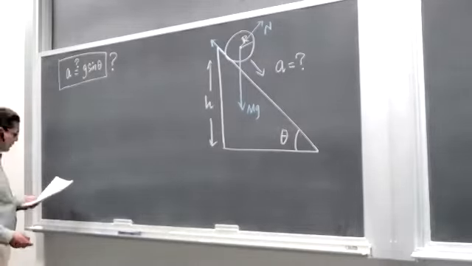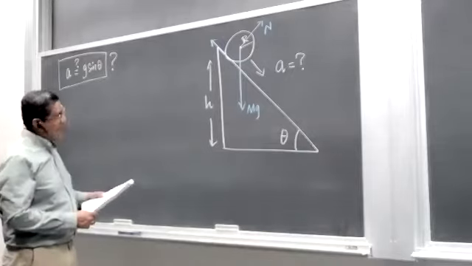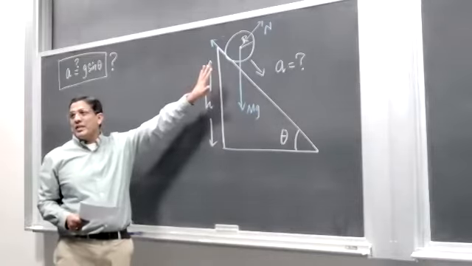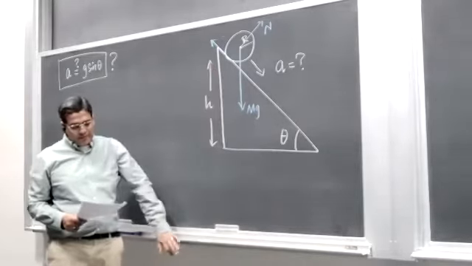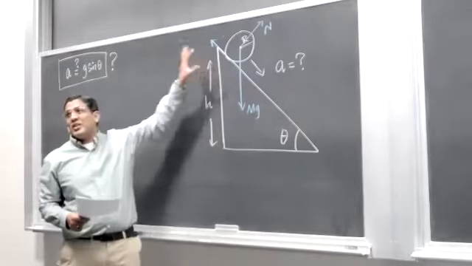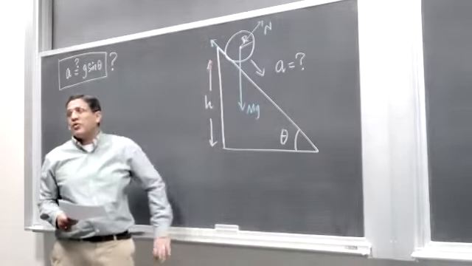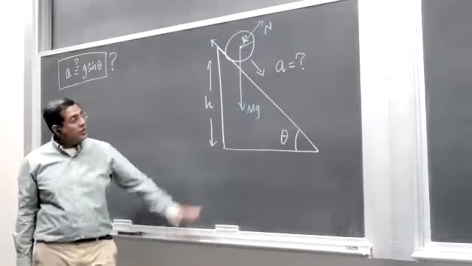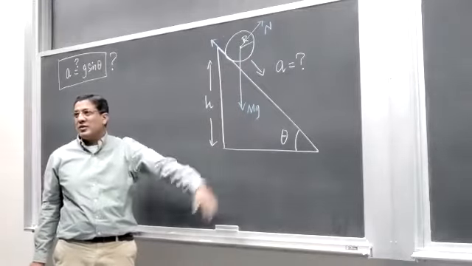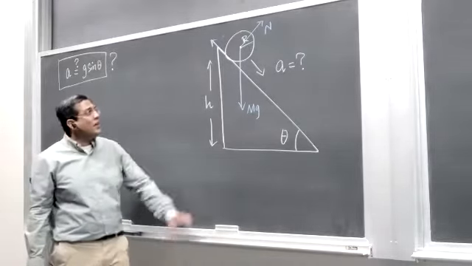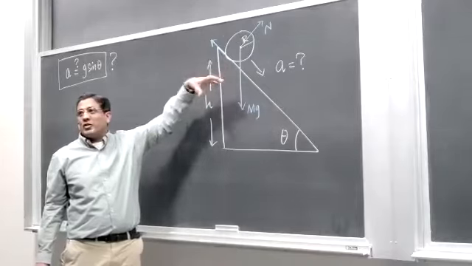But before I start solving this problem, now look at this. If there was no friction in this situation, what would happen? If there was no friction and initially the cylinder is not rolling, let's say we do not roll it, we just place it.